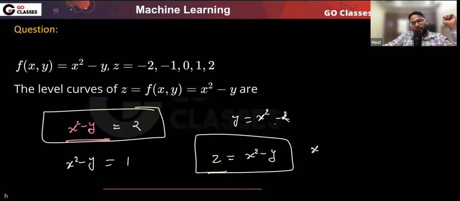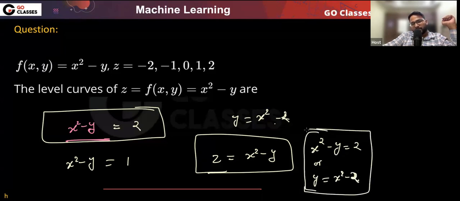Now for this, if you put a specific value, then how many dimensions are needed? Just 2 dimensions, right? Here it is 3 dimensional, but if I'm just keeping z fixed, then it is 2 dimensional, right?